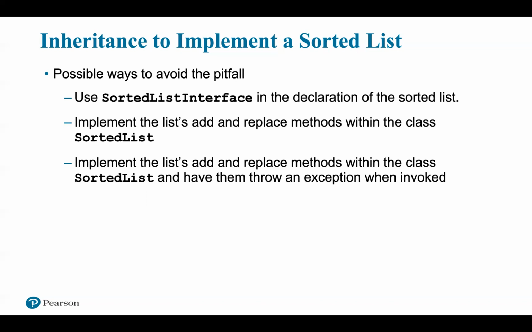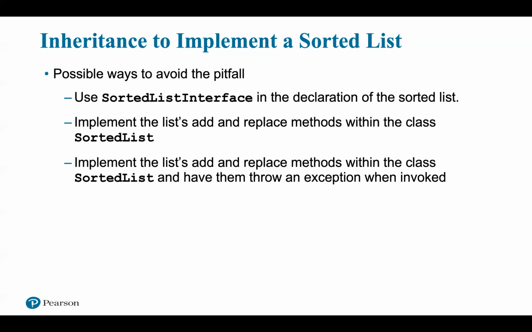We have already seen how a client can sabotage the sorted list in this case. Another option: implement the list add and replace methods within the class SortedList and give them empty bodies. However, a client that calls either method would be unaware that the method did not do anything.